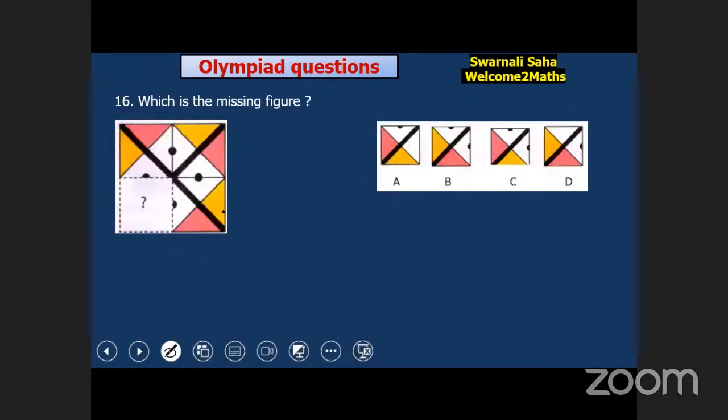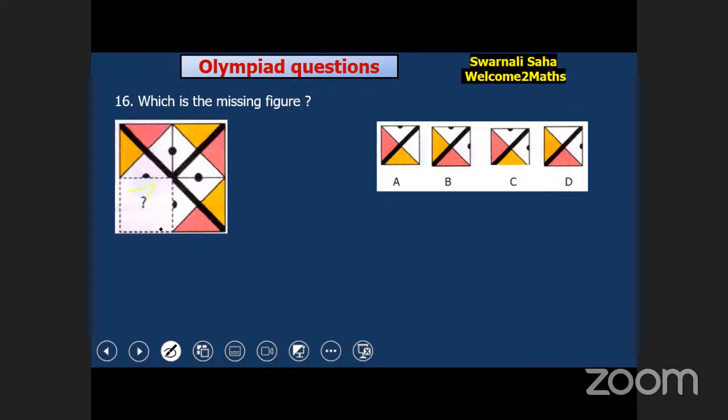Now, what is the missing figure? Once again, a missing question. This is a visual pattern. You have to find the missing figure and fit it here. Here are A, B, C, D. Which would be the right one?